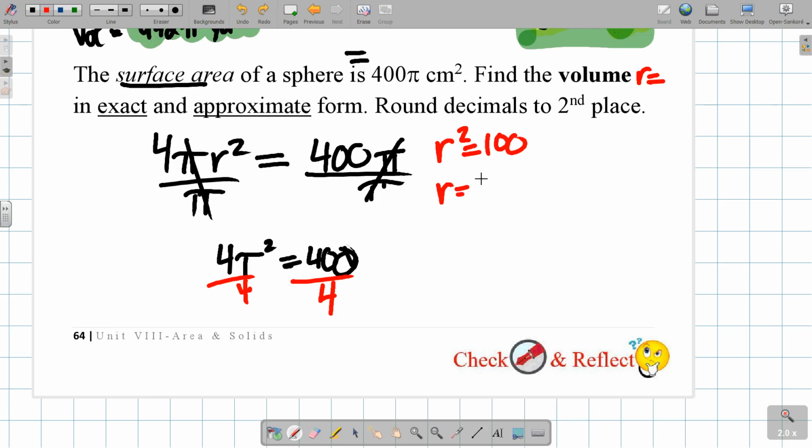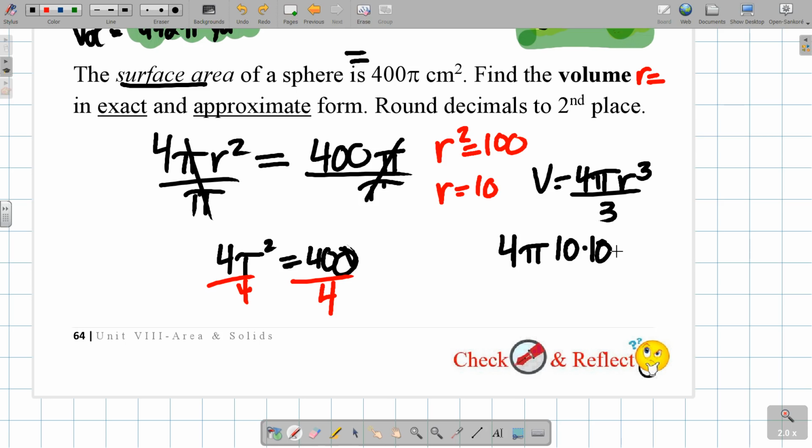So radius is 10. Your volume was 4 pi r cubed over 3. So 4 pi, 10 times 10 times 10 over 3. 10 times 10 is 100, times 10 again is 1,000, times 4.